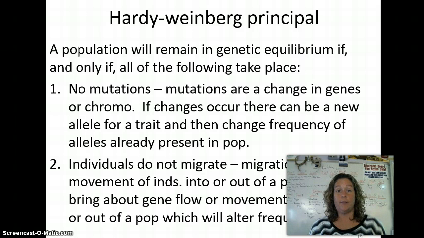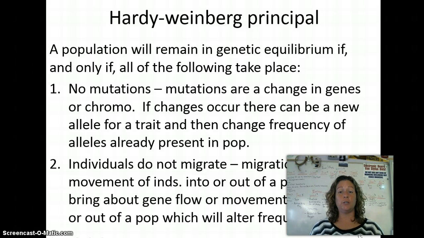Like with the rabbits, a mutation caused the white rabbits to die off, so there was a change over time. So in order for genetic equilibrium to take place, we cannot have any mutations. Also, individuals do not migrate. Migration is the movement of individuals into or out of a population.